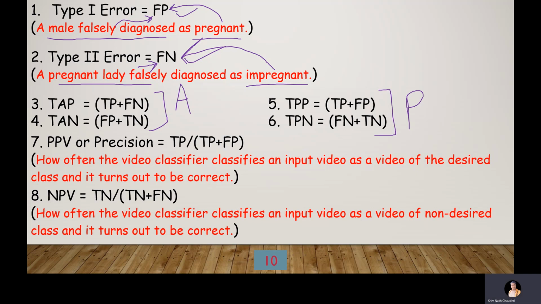The positive predictive value, PPV or precision, is obtained by using two types of elements, TP and FPs. Precision is used to show how often the video classifier classifies an input video as a video of the desired class and it turns out to be correct.